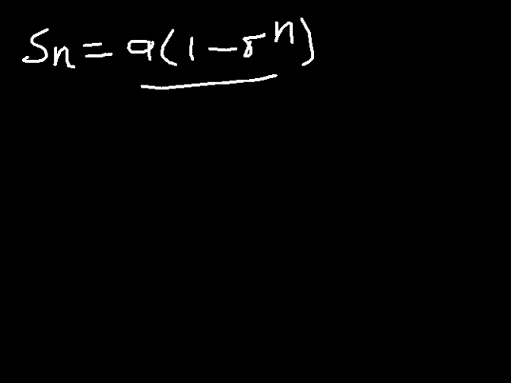The first formula is given as: sum of n terms equals the first term times 1 minus r to the power n, divided by 1 minus r.